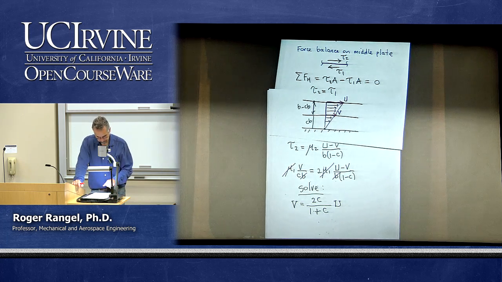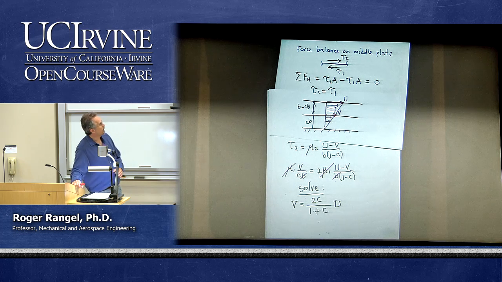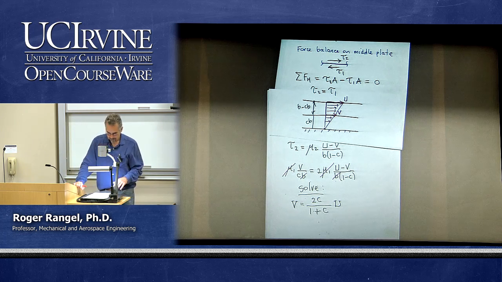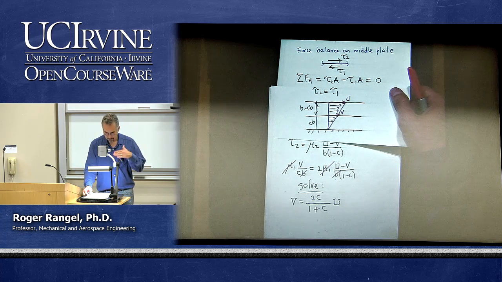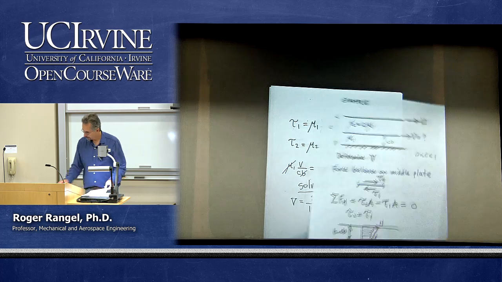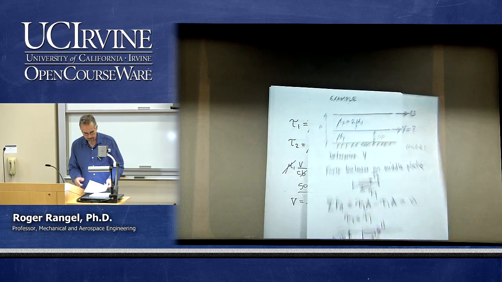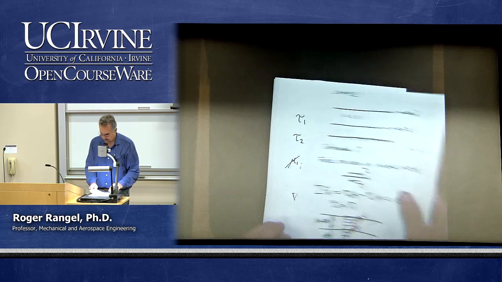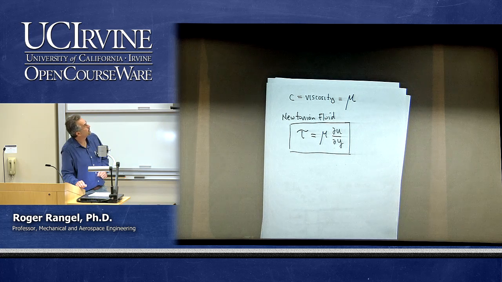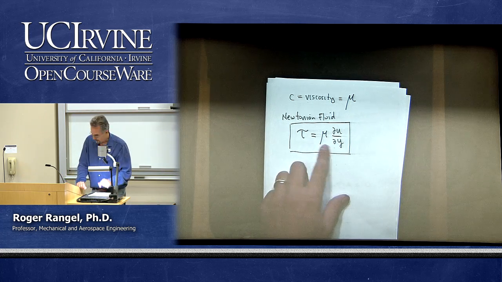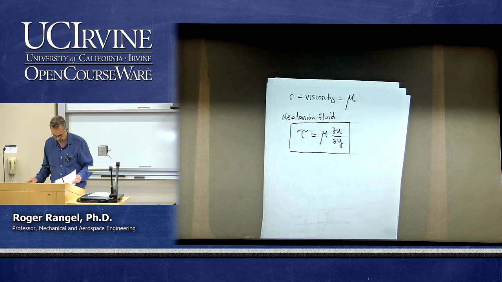That makes this 2 over 2, so it gives you V equals U. So you can verify the two limits as the middle plate moves up or down. That's a very simple problem using the shear stress relationship for a Newtonian fluid.